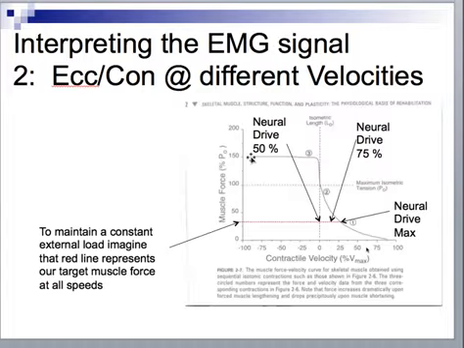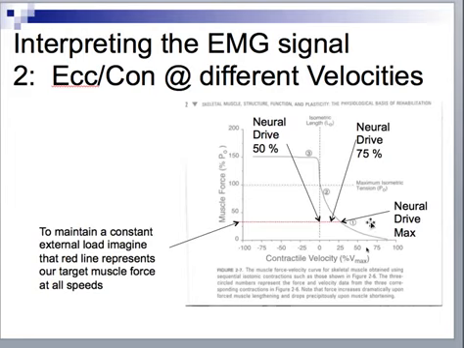So essentially what we can see is that neural drive varies with contraction velocity when force is kept the same. At zero speed, we only need about 50% neural drive to the muscle. At a speed of 15% of the peak contraction velocity, we would need about 75% of neural drive to the muscle.